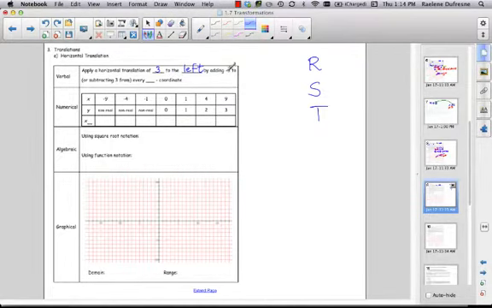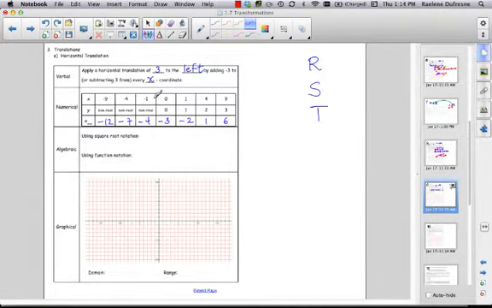Or instead of adding negative 3, we can consider we are subtracting 3, and we're doing it to the x, because x is horizontal. So for every x coordinate, we are going to subtract 3. So we get -12, -7, -4, -3, -2, 1, and 6.